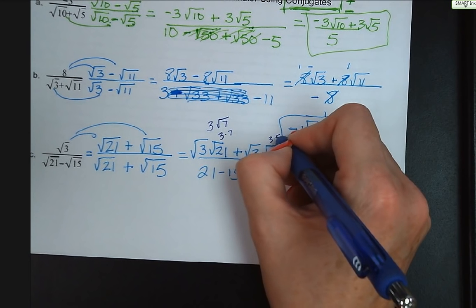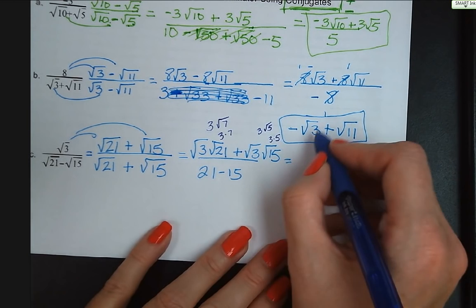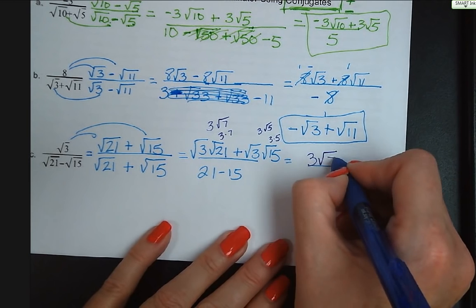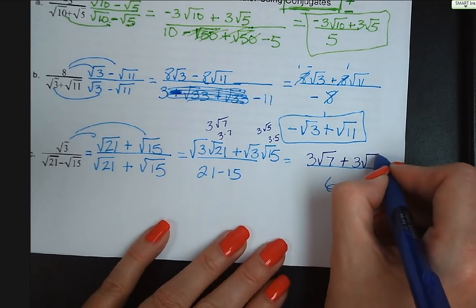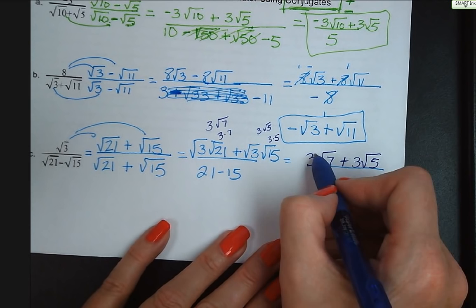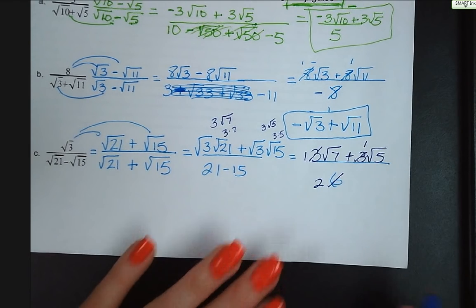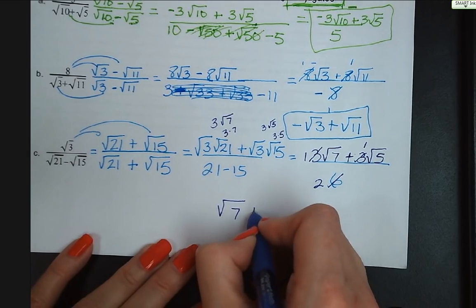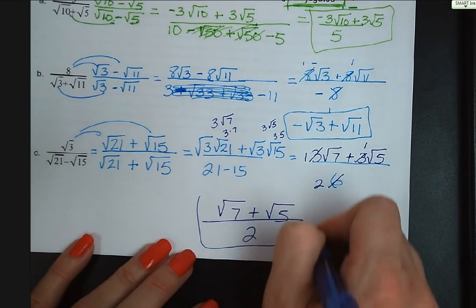And that is 3 and 5, so we've got 3 root 5. So we've got 3 square root of 7 plus 3 square root of 5 over 6. Oh, look, there's some common factors there. So we've got the square root of 7 plus the square root of 5 over 2.